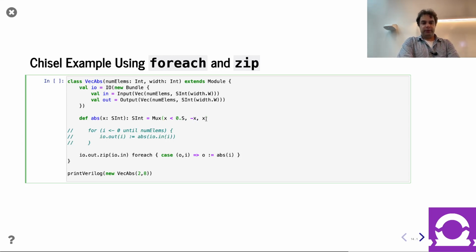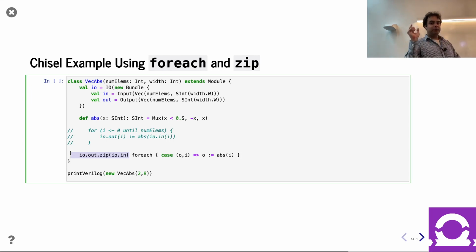And so, what are we going to do? Well, at our core is this foreach, right? We want to basically say, hey, for every output, connect it to the corresponding input with the absolute value applied. But notice, what are we applying it on? We're applying it on this tuple, and this tuple comes from a zip call. So basically, we're taking all of the outputs and zipping them with all the inputs.